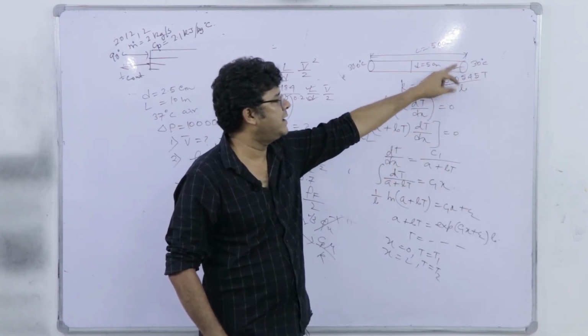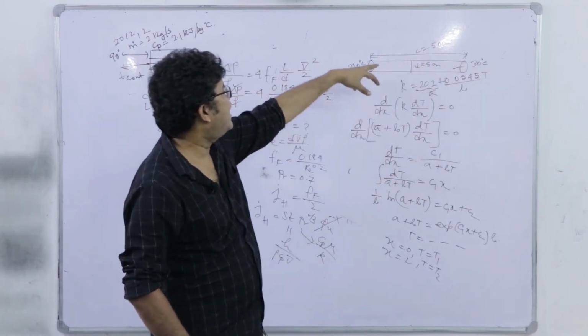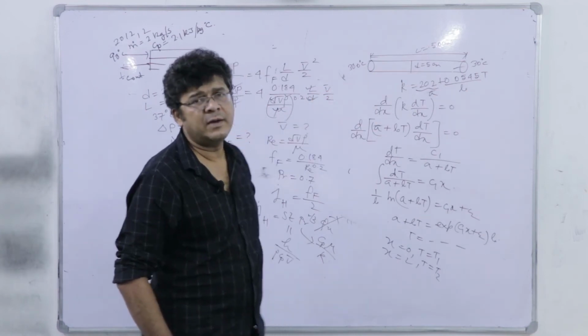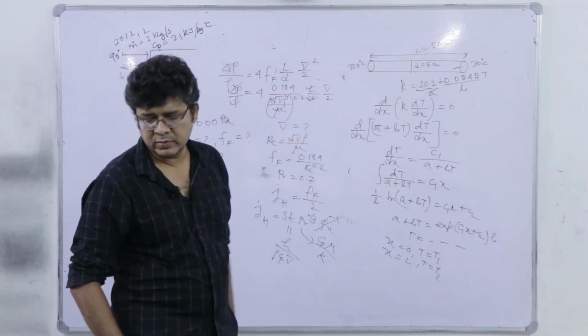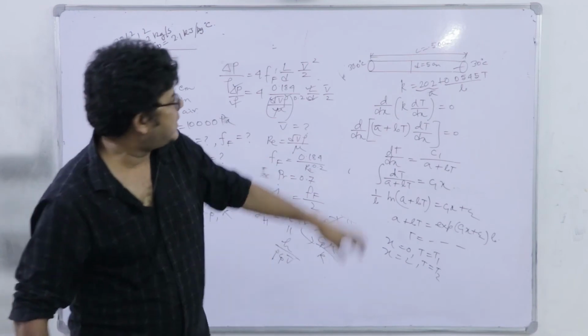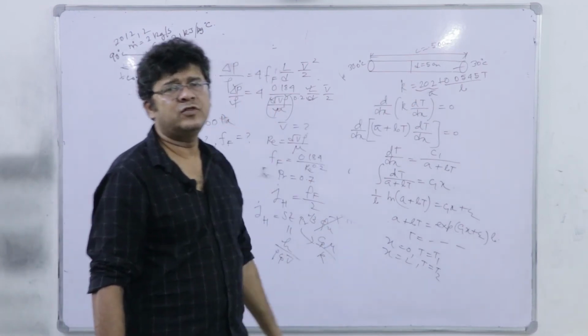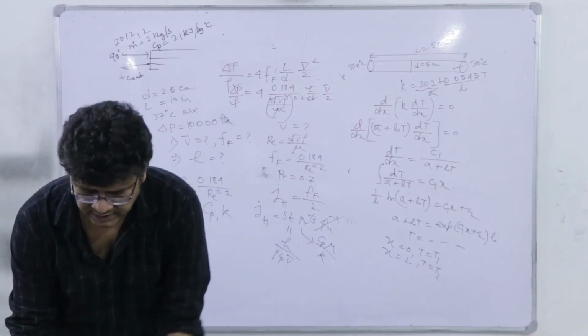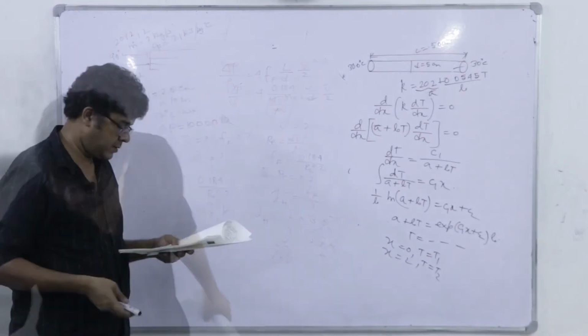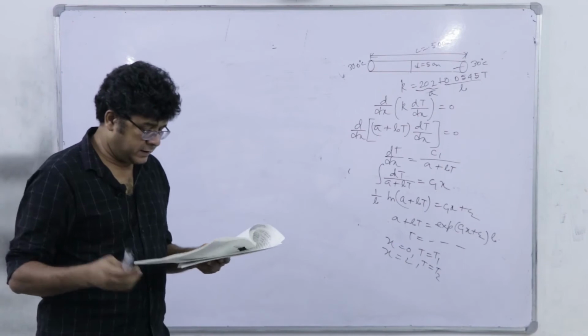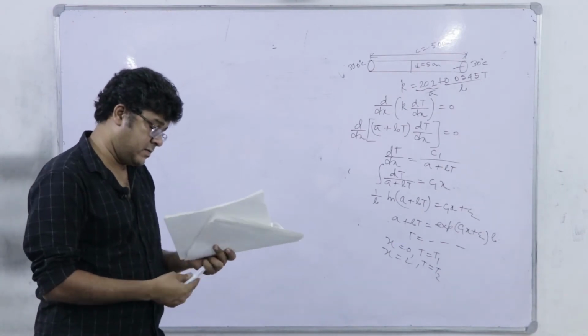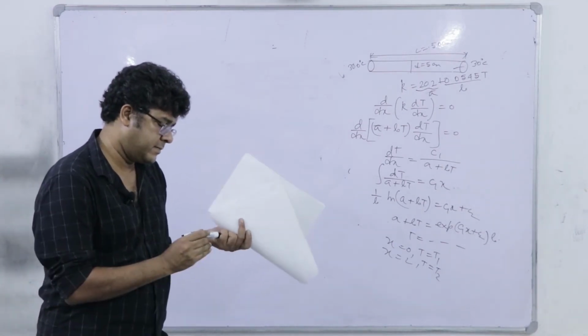So you find the gradient at x equal to L, and also the absolute value of temperature at x equal to L by 2, that is all. So the technique is that it should be d/dx of k into dT/dx.